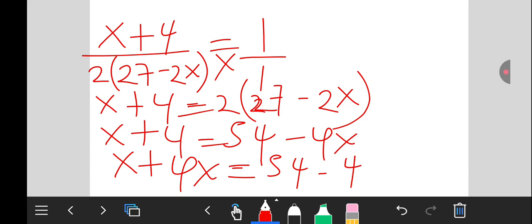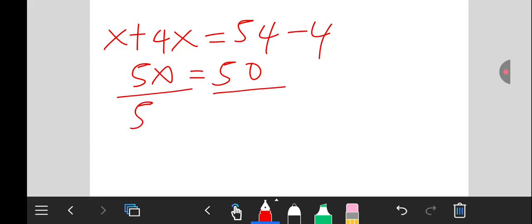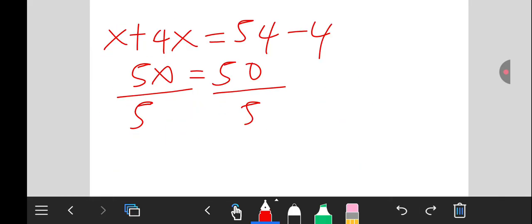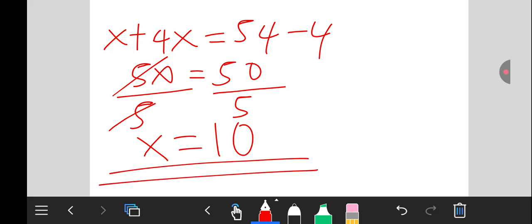So x plus 4x, that is 5x, is equal to 54 minus 4, that is simply 50. To find the value of x, you simply divide on both sides by 5. So 5 and 5 can cancel. You remain with x is equal to 50 divided by 5, that is simply 10. So that is the value of x.